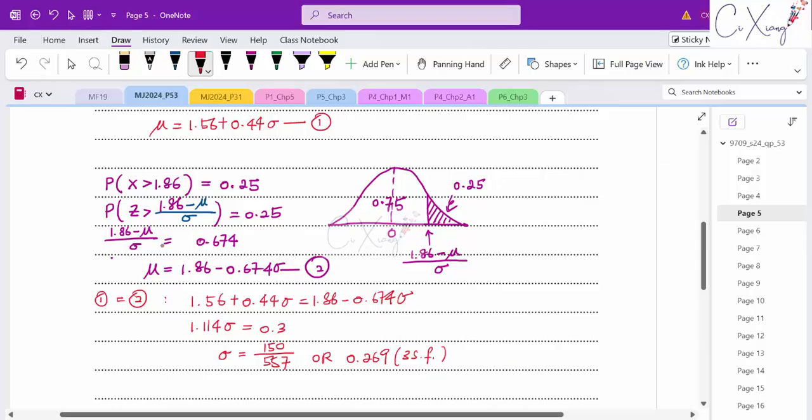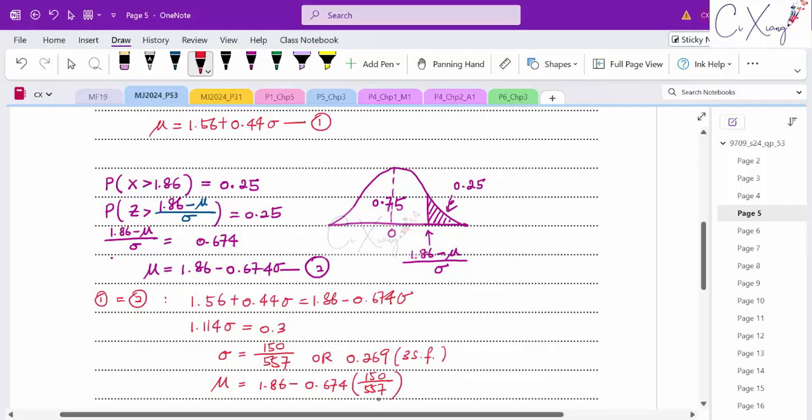Alright, so after you find the sigma, you can find the mean. To find the mean, I strongly suggest you use the original fraction for the sigma, so I'm using 150 divided by 557.